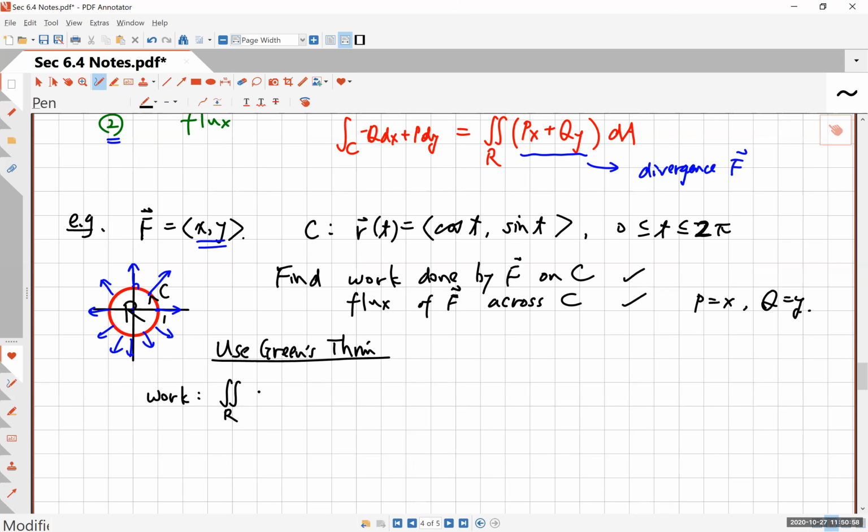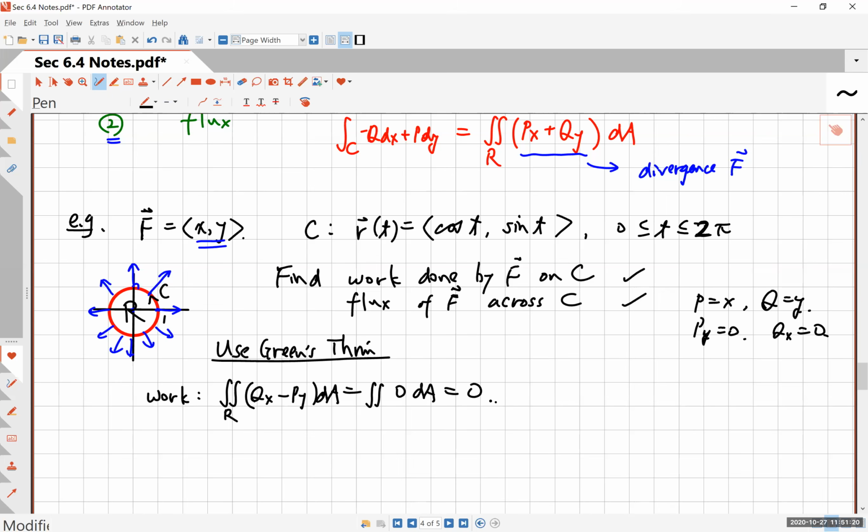Remember what work is: it's the integral of F dot dr, which is the double integral of Qx minus Py. What's P? Py is 0, Qx is 0. So this is actually just 0.